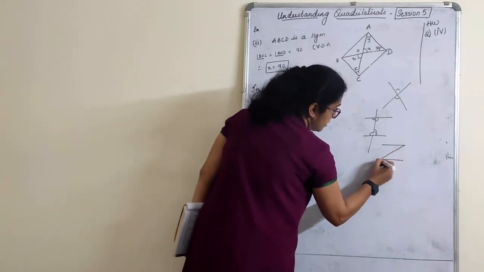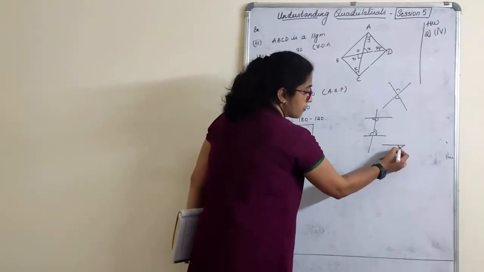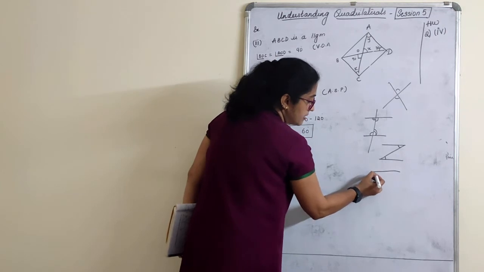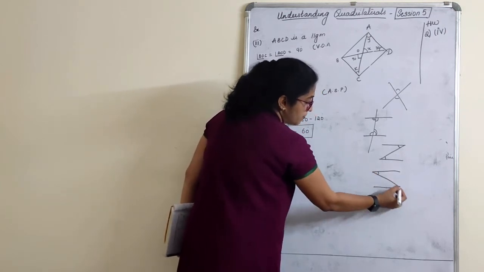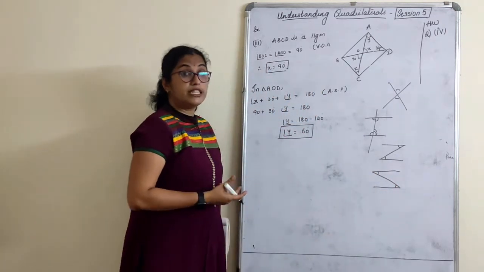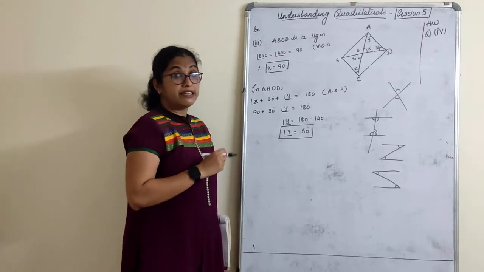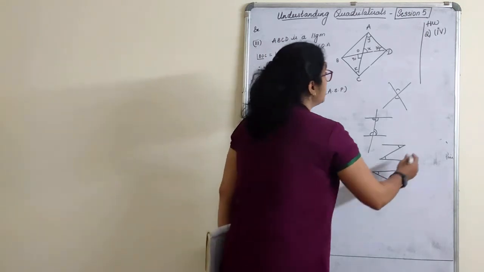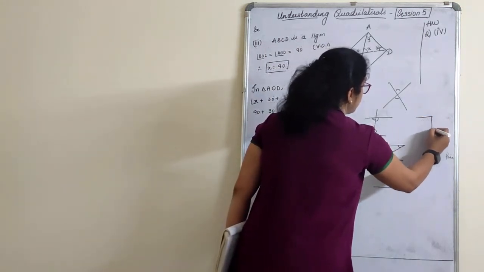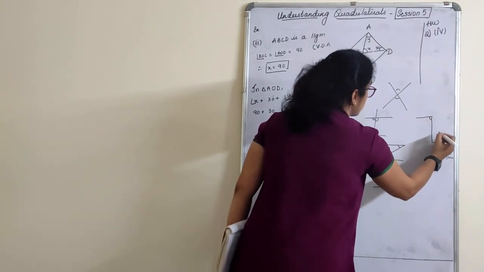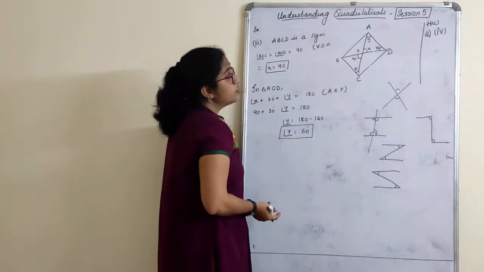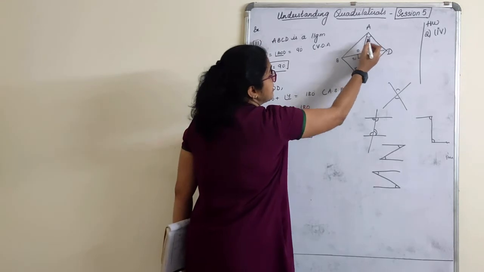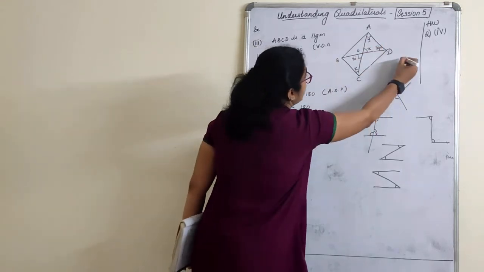It can always be a Z formation. It can be a reverse Z formation. So these are all combinations of formations of interior alternate angles, or the formation can also be like this. Right? So here can I tell that this angle is equal to this? It is in the same form always.